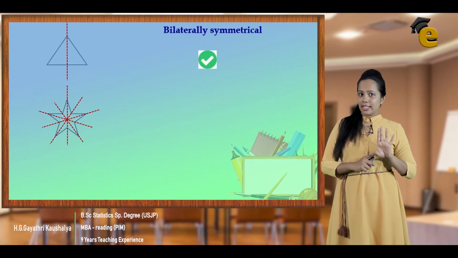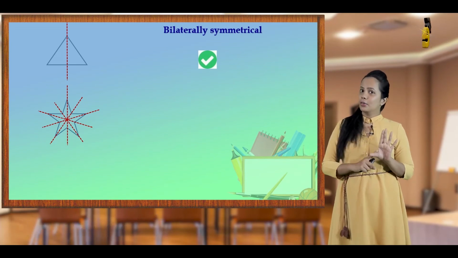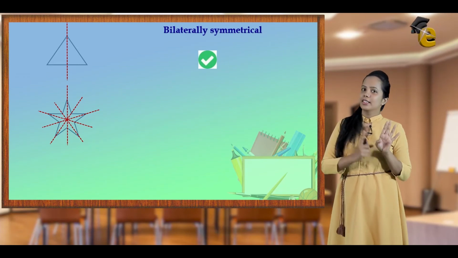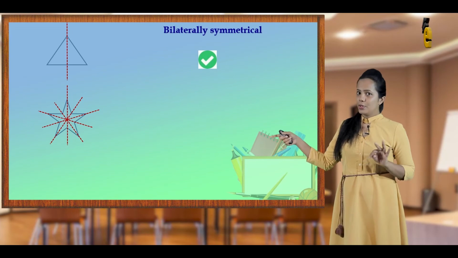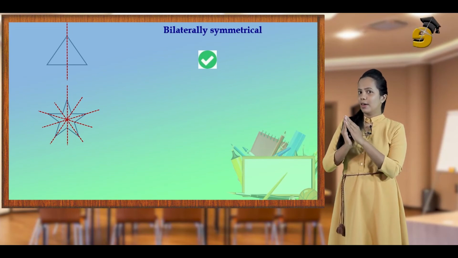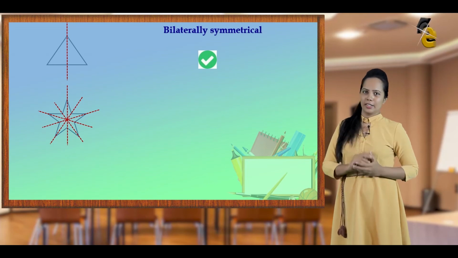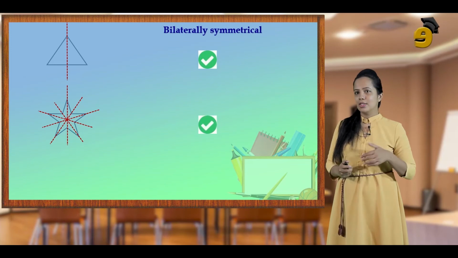When you consider an axis of symmetry, the figure is divided into two identical parts, they have the same area, the same shape, and when you fold the plane figure, those two identical parts will coincide with each other. Therefore, this is also a bilaterally symmetrical figure.